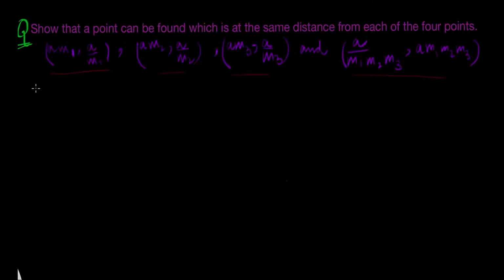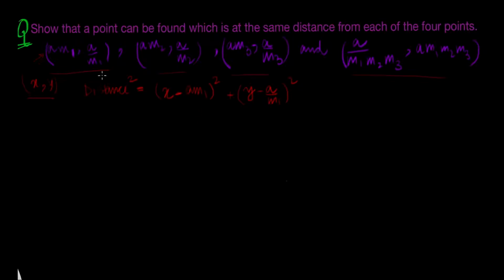So let us assume that there is in fact a point, say x comma y in space, which is equidistant from all the points. So let us find out the distance between x comma y and the first point. So the distance would be x minus a m1 square plus y minus a by m1 square.